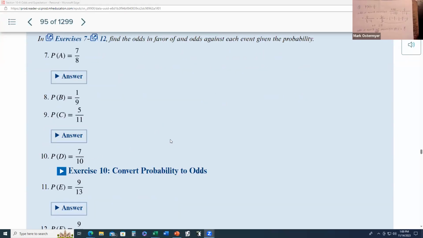I'll do number 10. The probability of some event D occurring is 7/10. They want us to determine the odds of event D occurring. So again, we'll use our same formula. The probability of some event D occurring is 7/10, or 70% chance. What would be the odds of event D occurring?